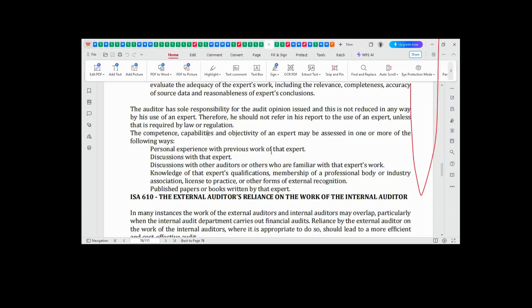If it's someone you have been using before now, and you can trust his job and his expertise, that is one. You also need to have discussions with the expert. You need to have a heart-to-heart discussion and see that that person understands your point of view. Right? You need to discuss with other auditors or others who are familiar with the expert.